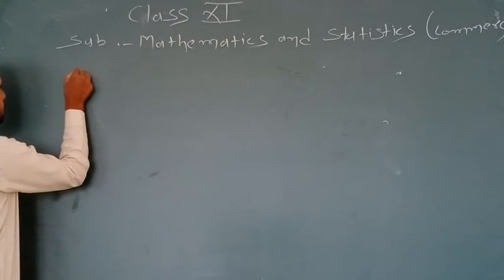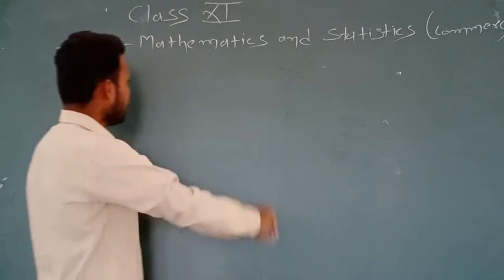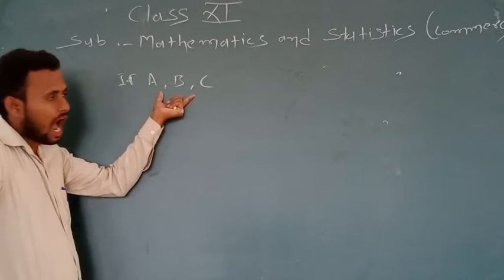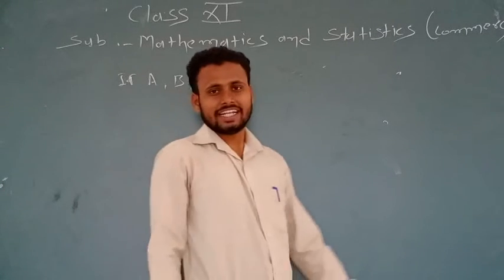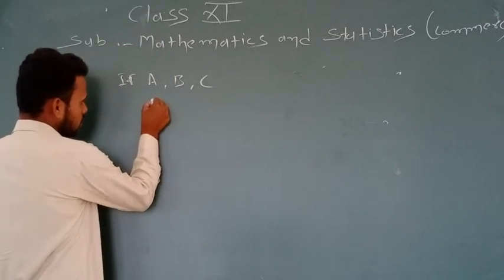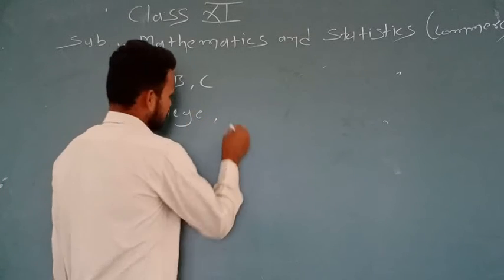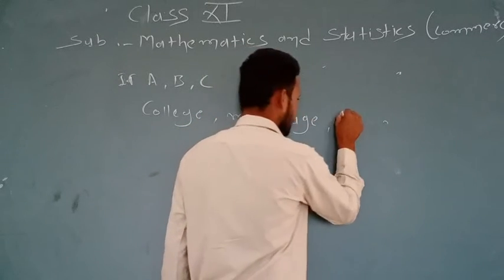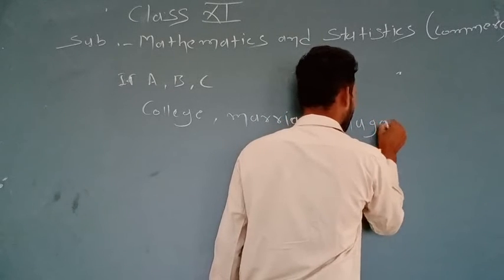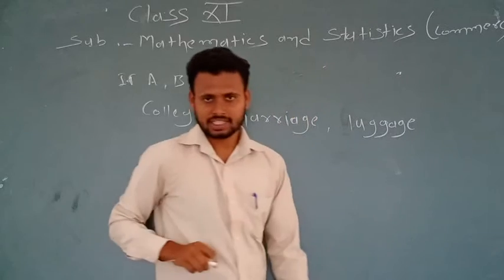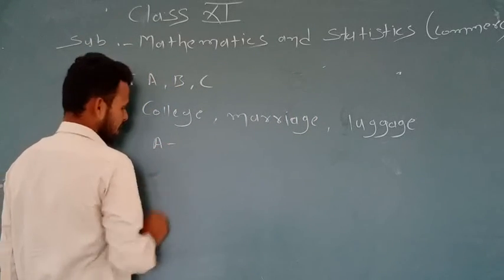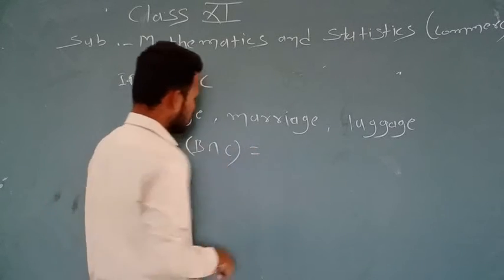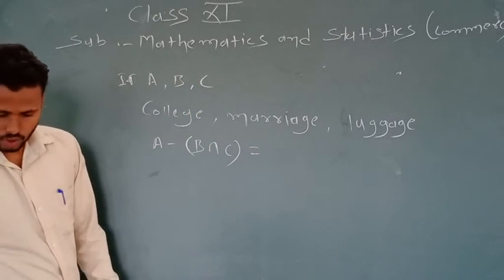If A, B, C are the sets for the letters of the words college, marriage and luggage respectively, then verify that A minus B intersection with C is equal to, correct.